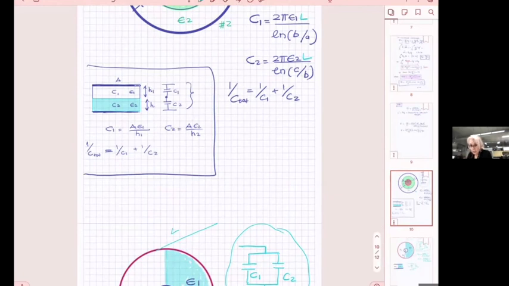But if you don't share the same two conductors, but one conductor is next to one dielectric and the other conductor is next to the other dielectric, they are in series. And then for the capacitors, you use what we calculated before. In the book, for example, the coaxial capacitor is on page 253, section 6.5b.